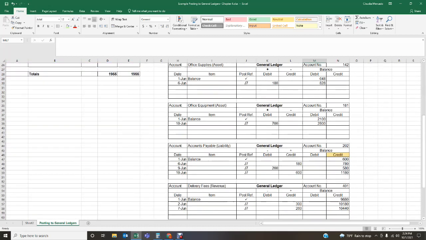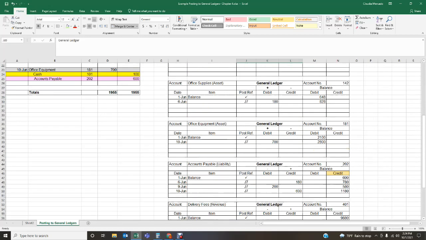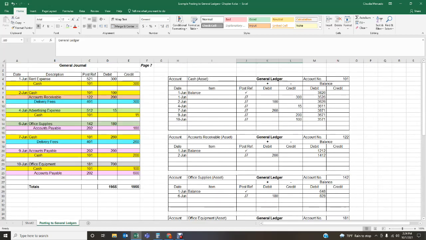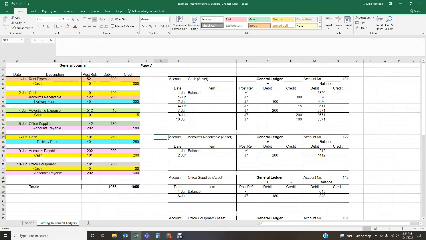Okay. Last but not least, we've got rent expense. We had a balance of $900 debit. Okay. Rent expense is an expense account. So rent expense had a balance of $900. Let's go to our journal and let's see what we find. Well, on June the 1st, we find that we're paying the rent for $300. Okay. So I've got rent expense, $300.